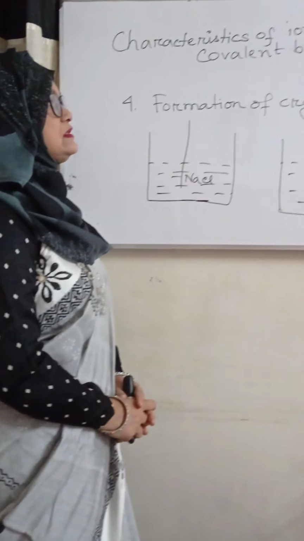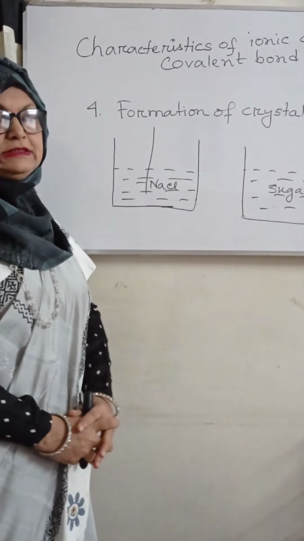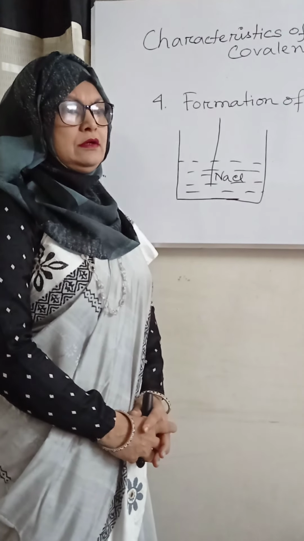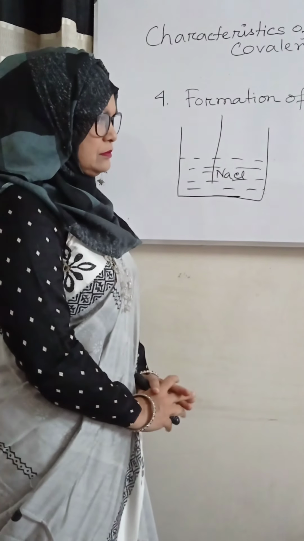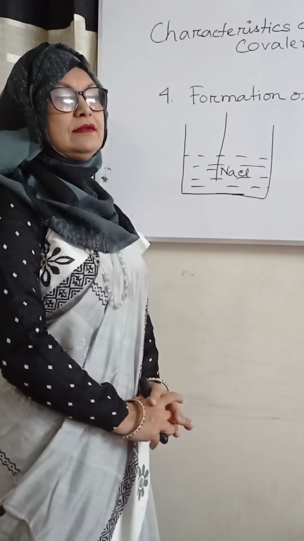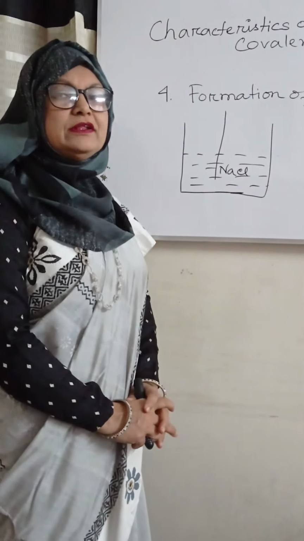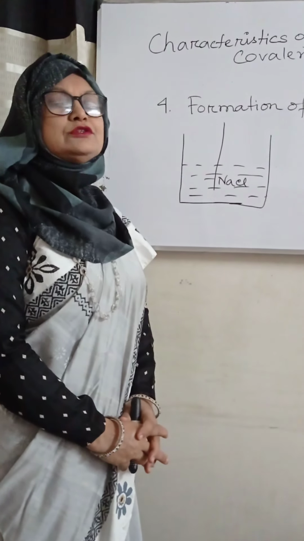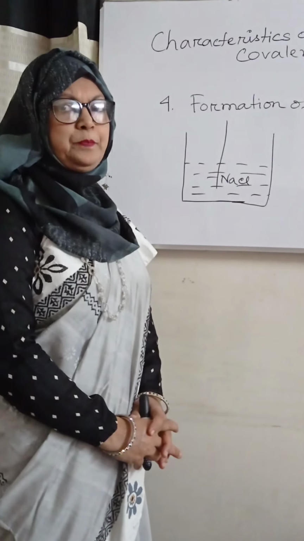And the number two difference is solubility. Ionic compounds are usually soluble in water, and covalent compounds are usually not soluble in water.